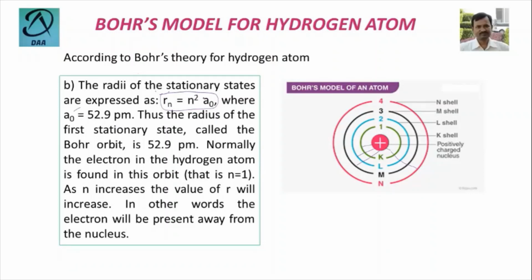So when n is equal to 1, this is the radius, and its value is 52.9 picometer. Normally for the hydrogen atom, only this orbit, n equal to 1, is available, and when n increases, that means 2, 3, 4, in that way the r value also will increase according to this equation.